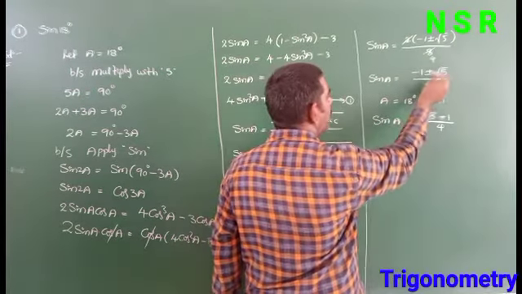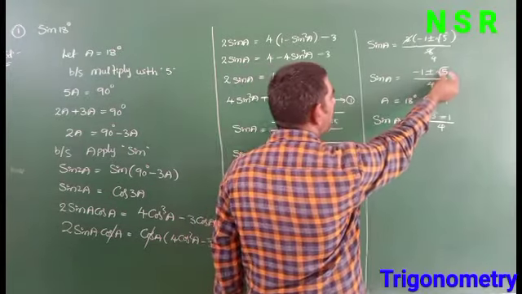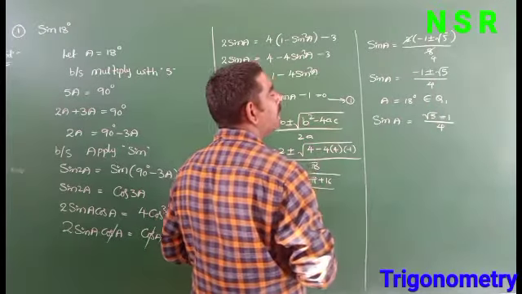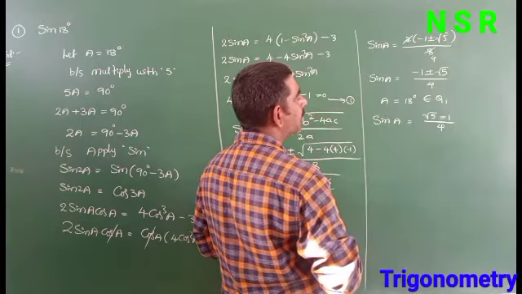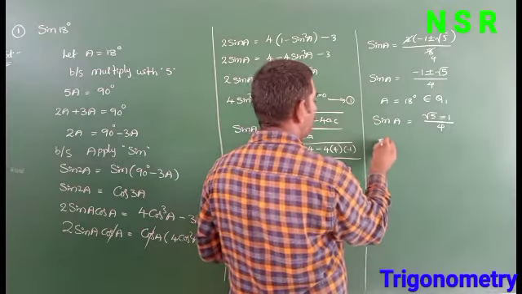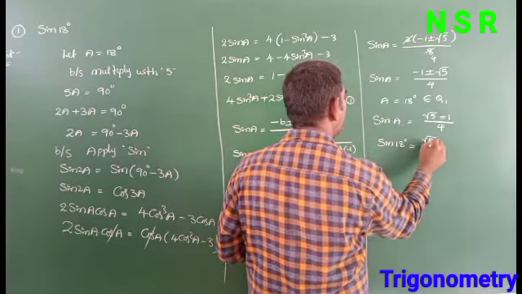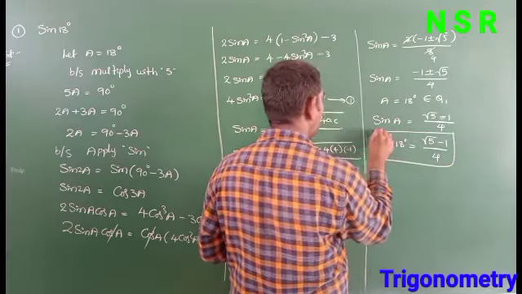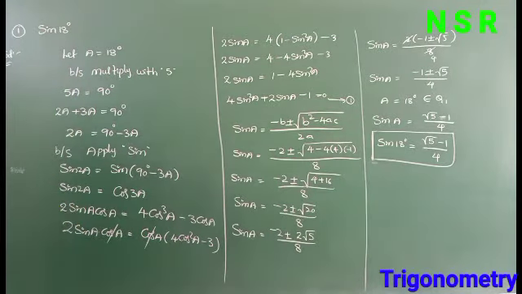Here we have plus root 5 and minus root 5, but we are taking only plus root 5 minus 1. Why are we taking plus root 5? Because a equal to 18 belongs to Q1, and in the first quadrant all are positive. So sin 18 is equal to root 5 minus 1 by 4. So this is the value of sin 18.